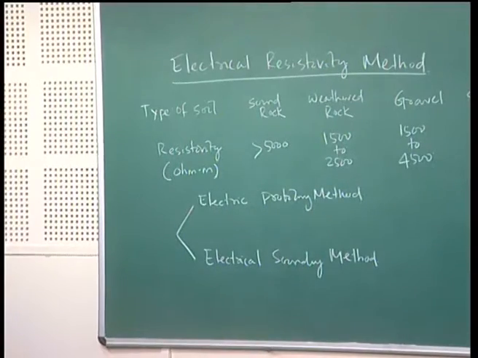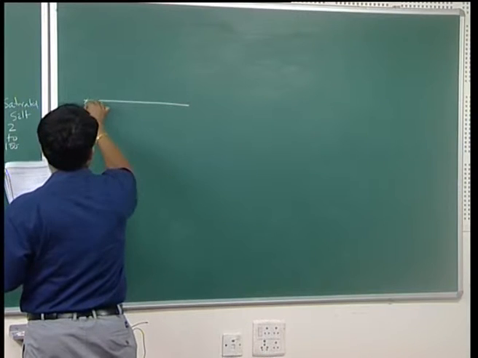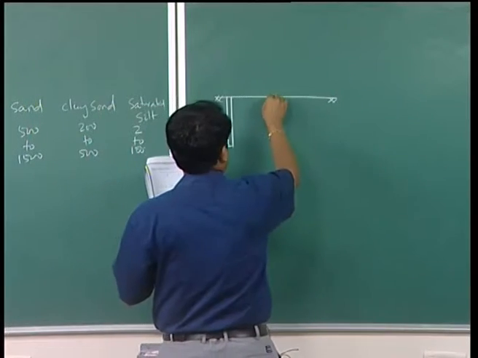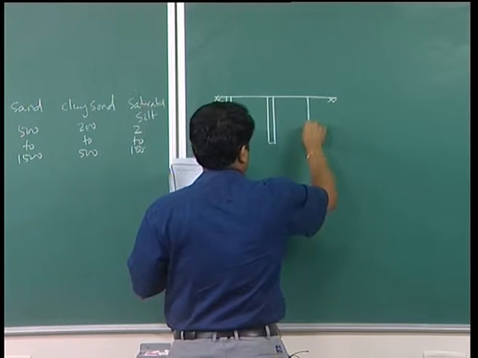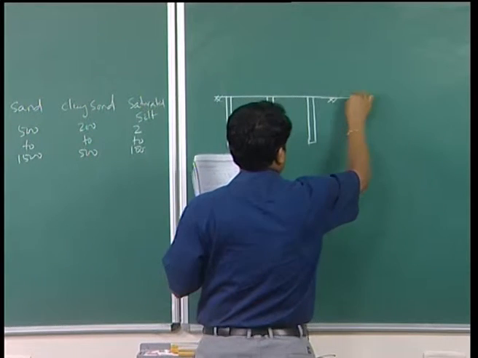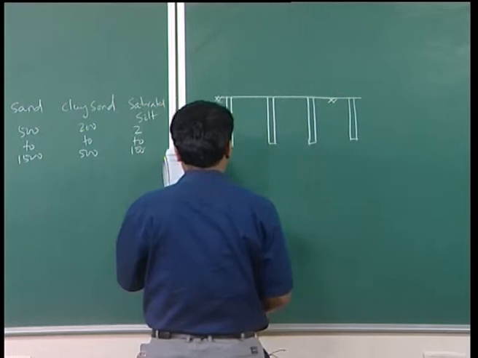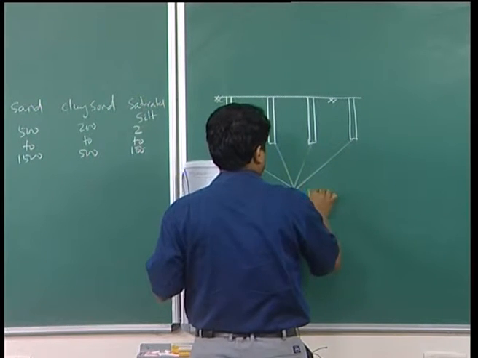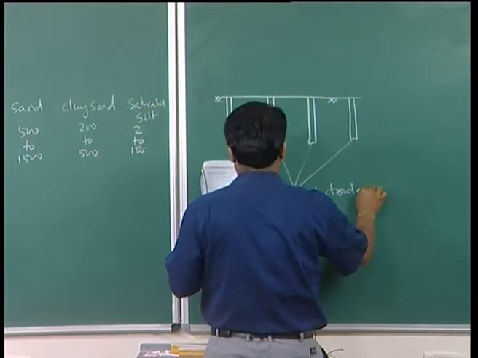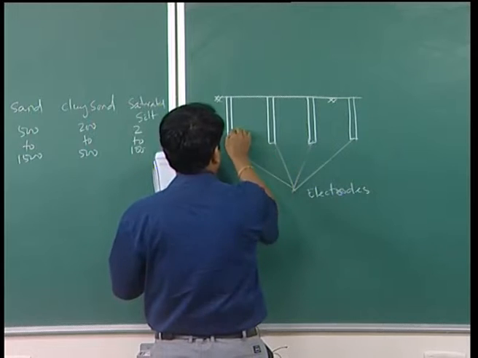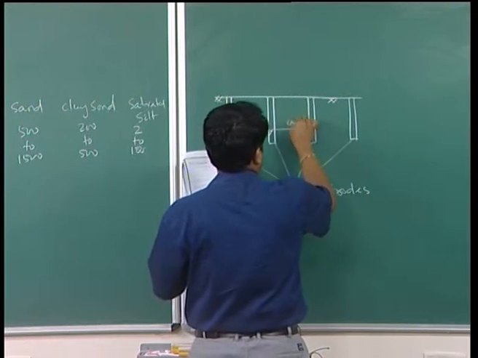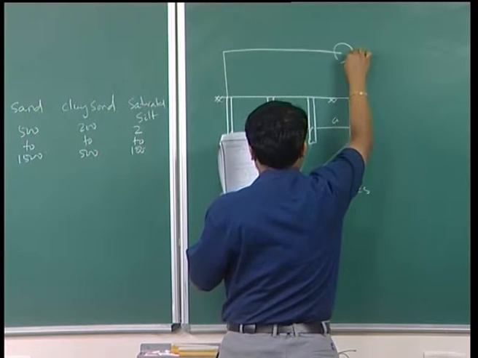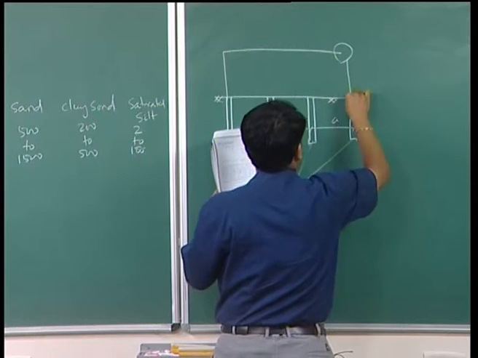Now, in case of electrical profiling method, what happens: if this is the ground surface, now these are current electrodes, these are your potential electrodes, and this is equal distance, say A and A, then the outer will be connected with these meters.